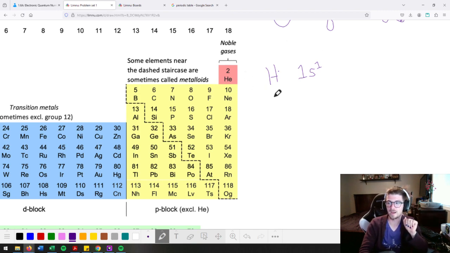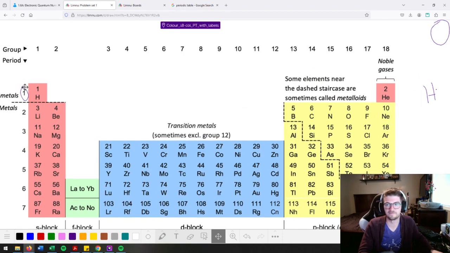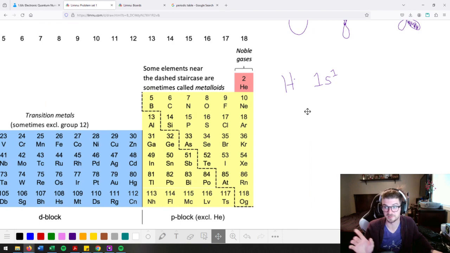Unless I say otherwise, I'm always going to be talking about a ground state. When we have just one electron, the lowest energy orbital is a 1s orbital. That's saying it's in the first energy level, and I'll explain what the other energy levels are in a minute, because it's not necessarily intuitive. So first energy level, in an s orbital, and there's one of them.